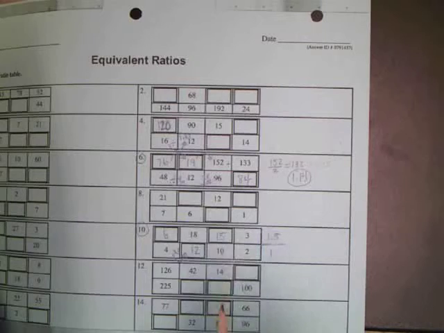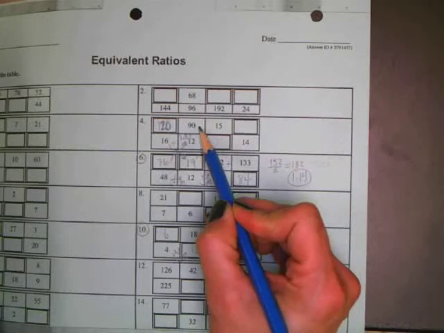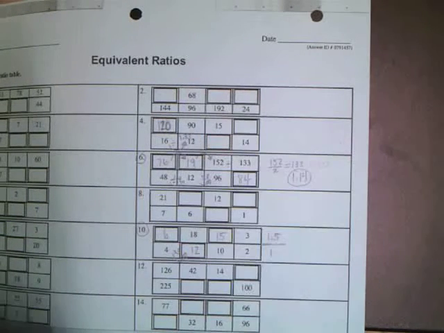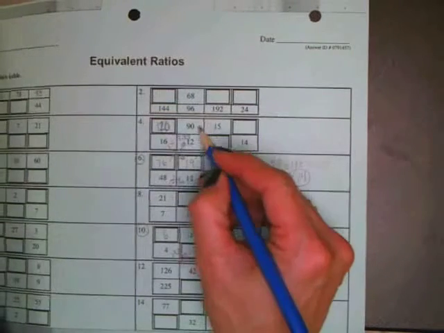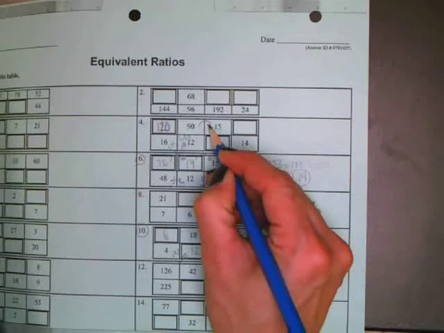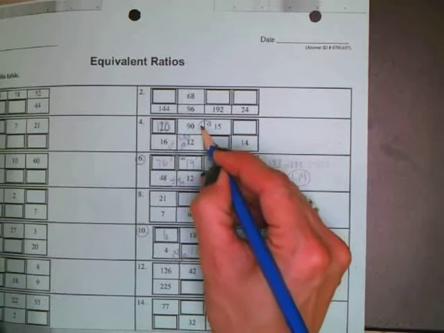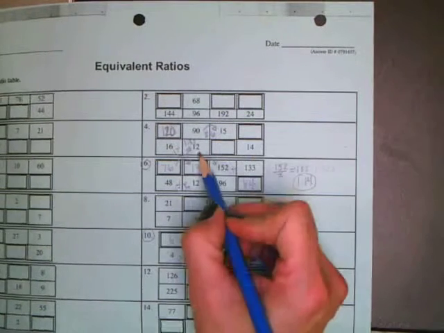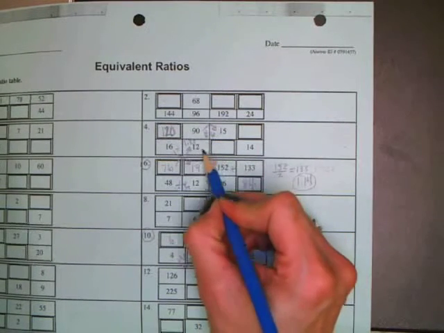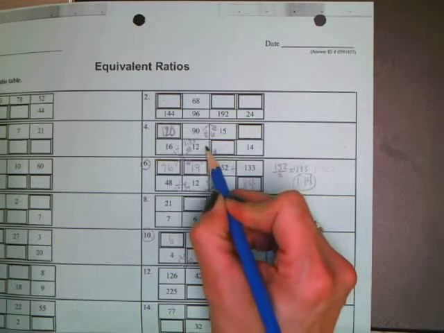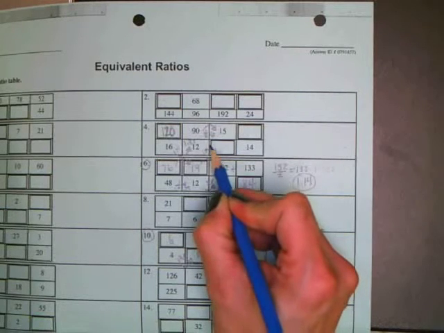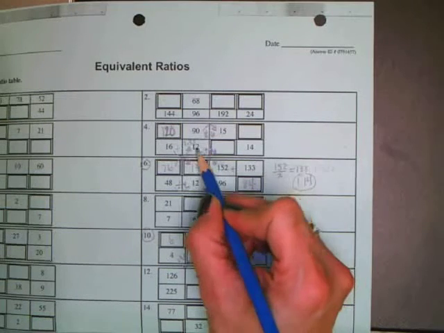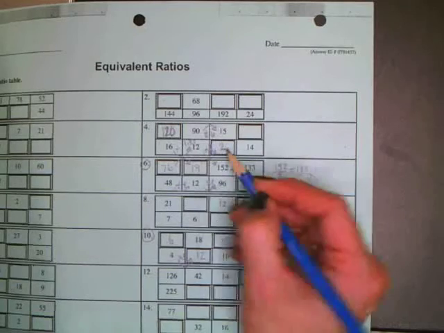All right, so now I've got to get from 90 to 15. How can I get from 90 to 15? Well, 90 divided by 6 is 15. Which means I've got to take the 12 and I've got to divide that by 6. When I take 12 divided by 6, I'm going to have a 2 right in here.